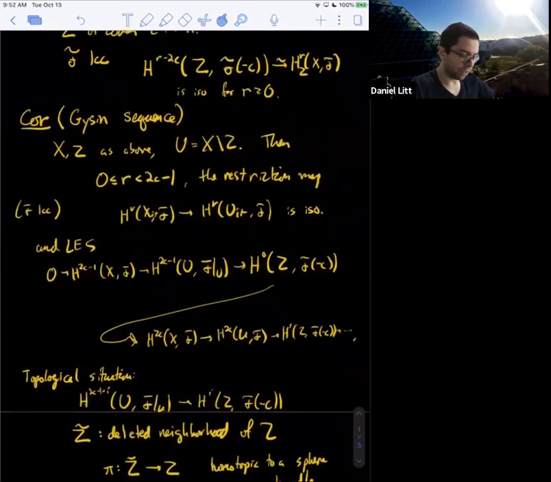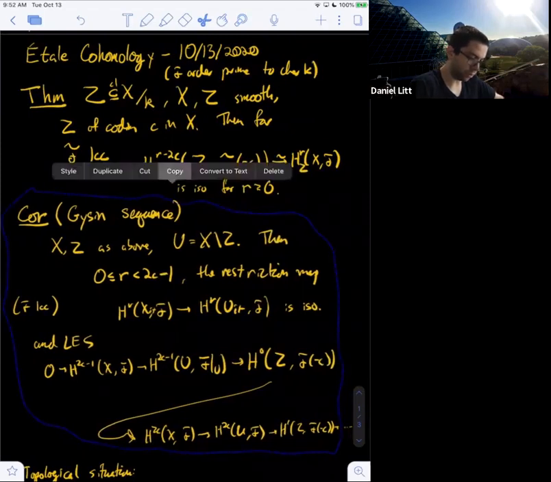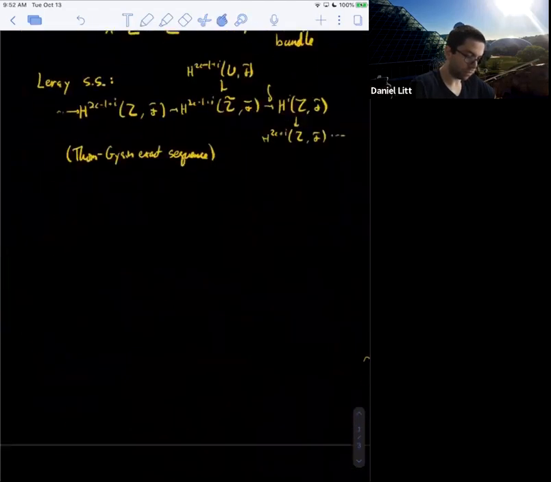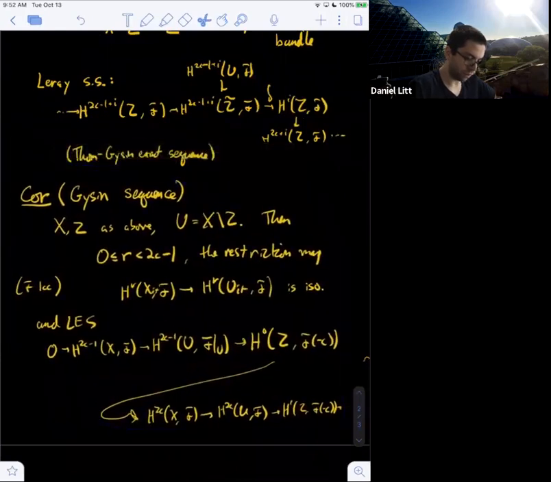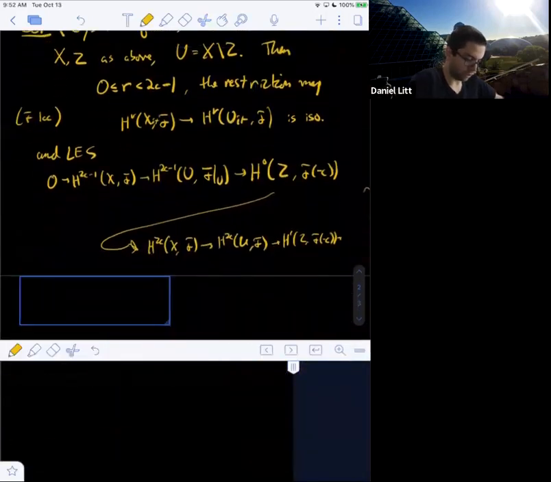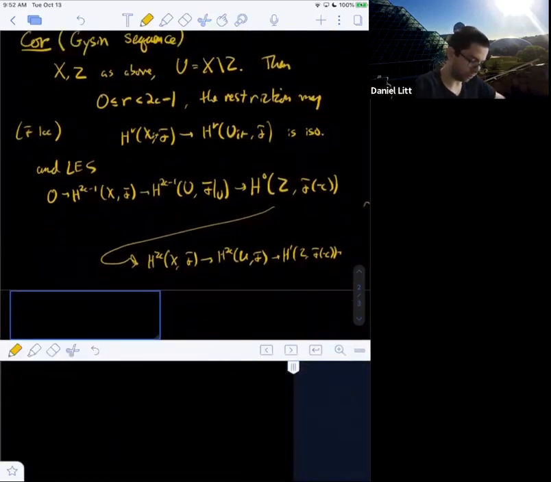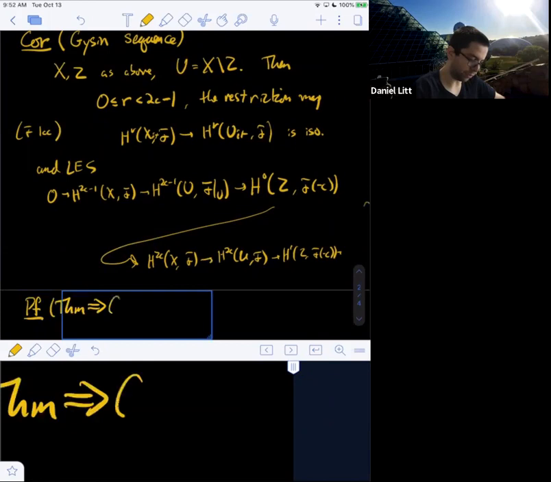All right. If not, let me maybe copy the statement of the theorem down so that we can look at it when we prove it. All right. So can anyone help me? Let's prove that purity implies this corollary above.